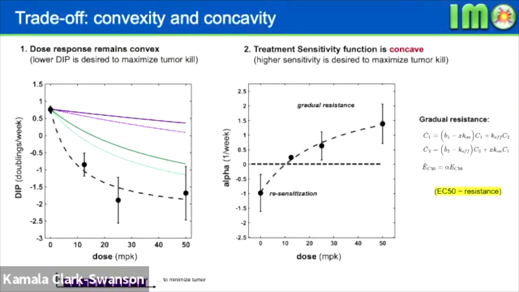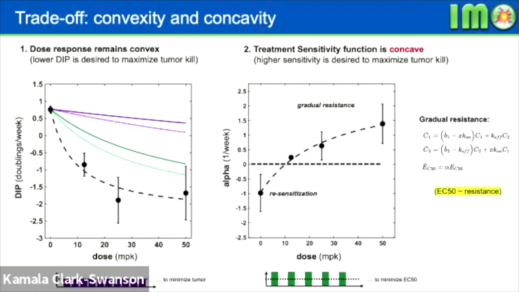What I've just told you in the beginning is that convex functions, we would expect the purple treatment schedule to minimize the tumor regression, but the treatment sensitivity function, which is correlated to the EC50 value, is a concave function. So we would expect the green treatment schedule to minimize the EC50.